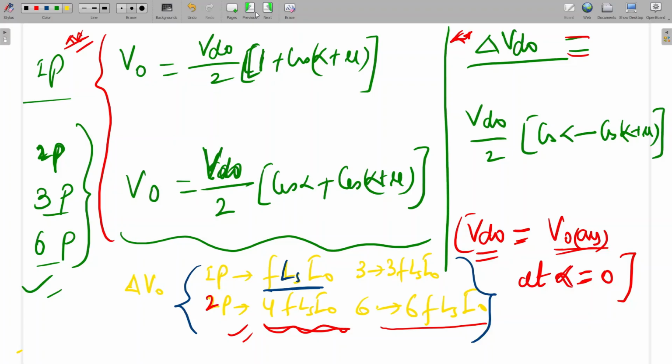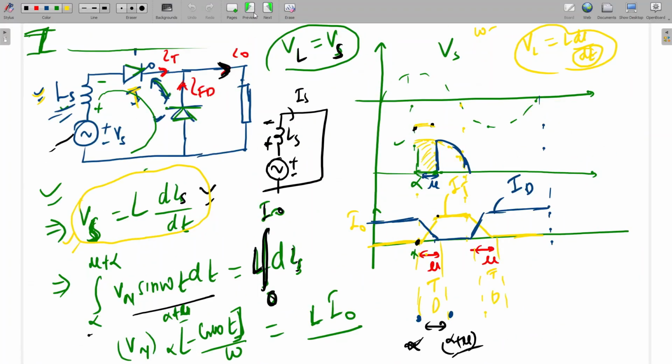So can anyone tell me what will be the conduction angle of diode here? Diode will conduct for how much angle? What will be the conduction angle for diode and thyristor? From this figure only we can see.